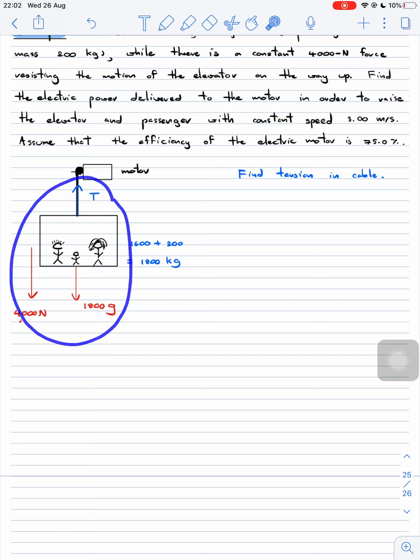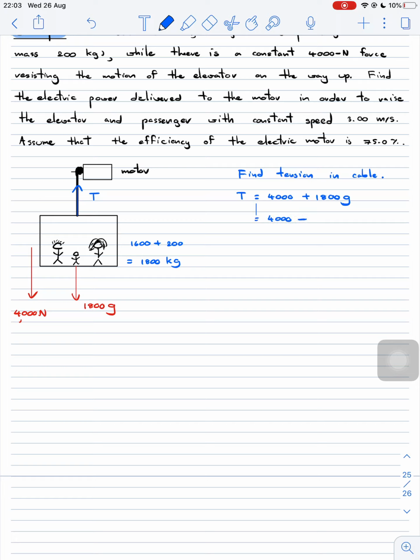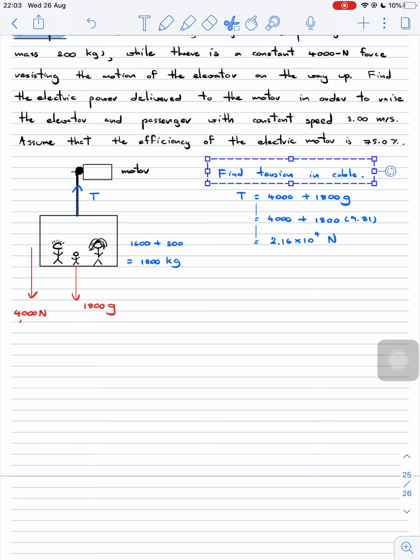Then from this picture we can get that the tension must be equal to 4000 newtons plus 1800 times g, which is equal to 4000 plus 1800 times 9.81, which is equal to 2.16 times 10 to the 4 newtons. So this is the tension in the cable.